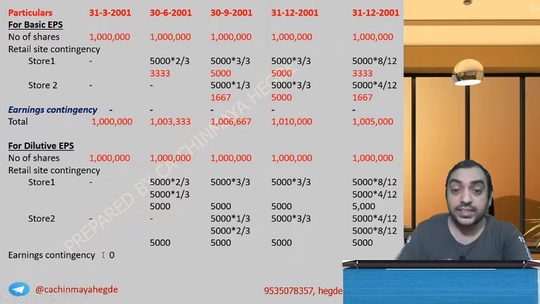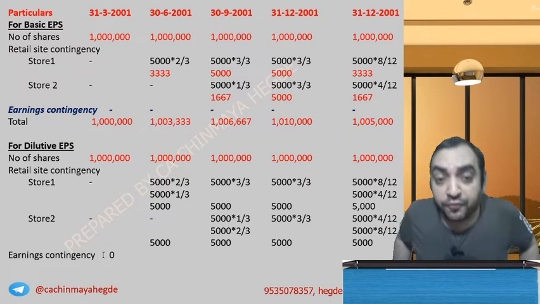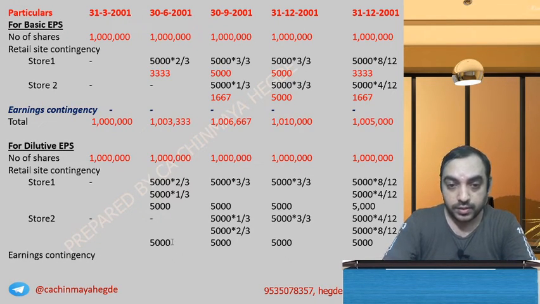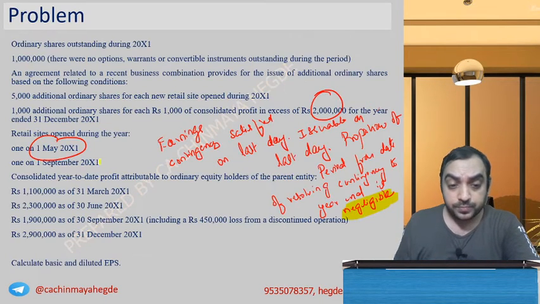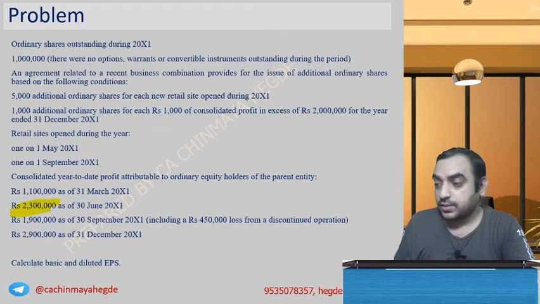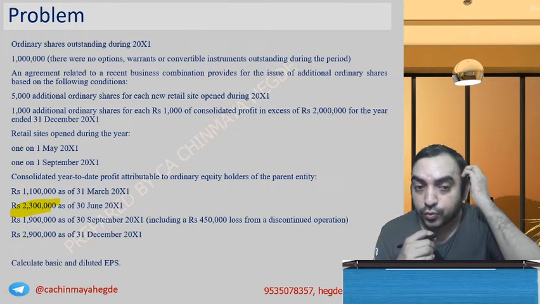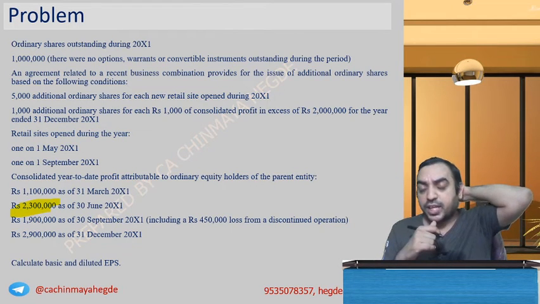Now, the earnings contingency becomes dilutive because it's satisfied in the middle of the year. First quarter not satisfied, hyphen 0. Second quarter, is it satisfied? 23 lakh. What about 30th of June? That comes to dilutive EPS, which I'm discussing now.